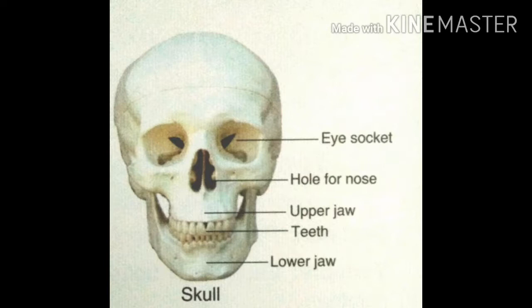Functions of the skull. The skull encloses the brain and protects it from injury. Next, the eye socket of the skull provides support and protection to the eyes.